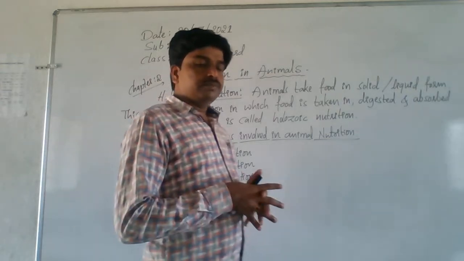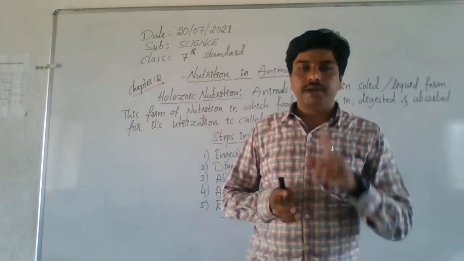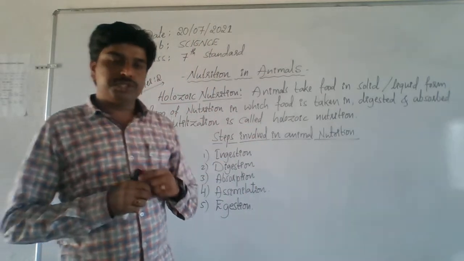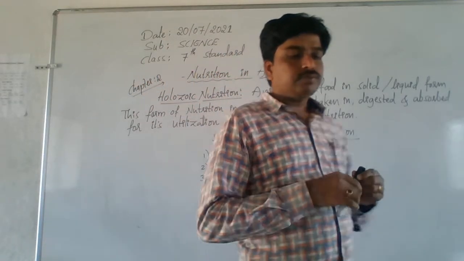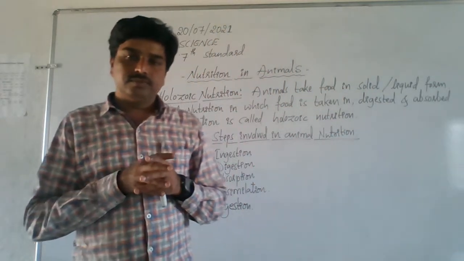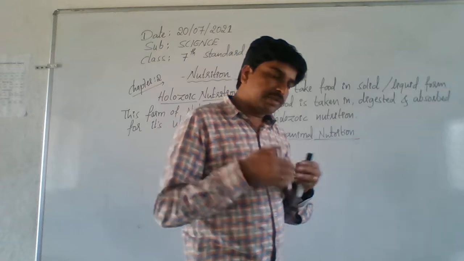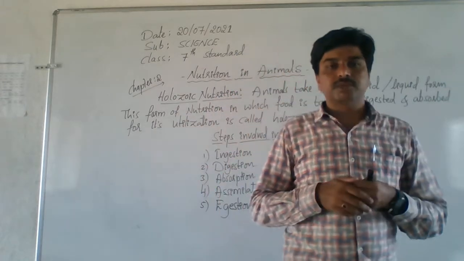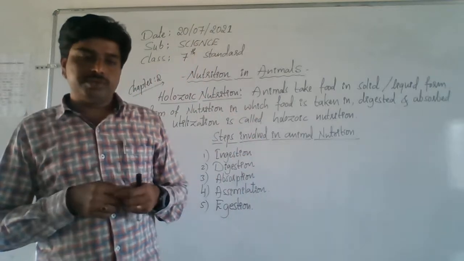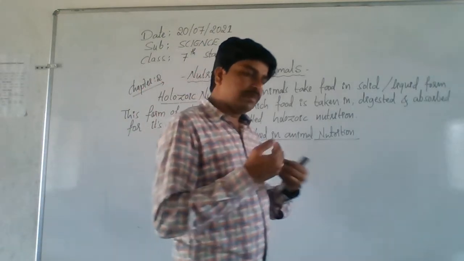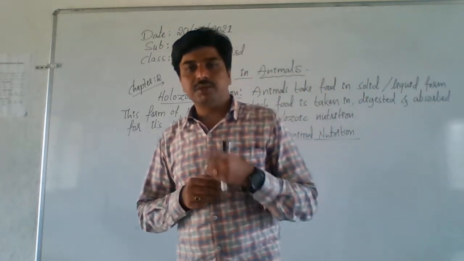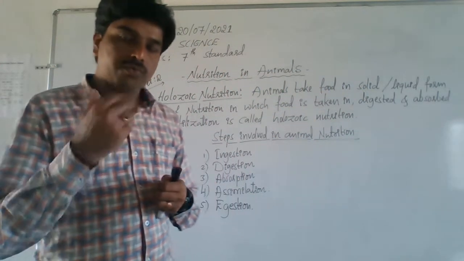We have already completed your first chapter, nutrition in plants. What you learned there is how nutrition takes place in plants by the process of photosynthesis, and by photosynthesis how green plants prepare their food by combining carbon dioxide and water in the presence of sunlight using chlorophyll.